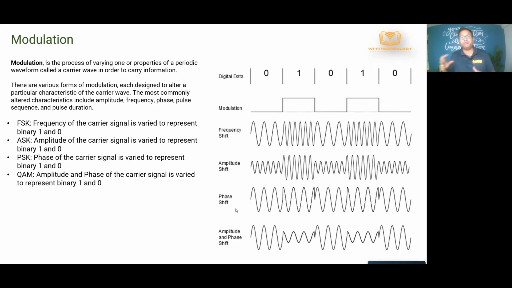Now, if you want to carry a lot more information than you normally do with FSK and PSK, then you can use this QAM technique where you are varying both the amplitude and the phase at the same time. Now you are able to carry more information. For example, you can say a phase of 0 and an amplitude of 1 represents not 1 bit, but it represents 2 bits, 0, 0, 0, right? So by varying both the amplitude and the phase, you'll get more combinations.